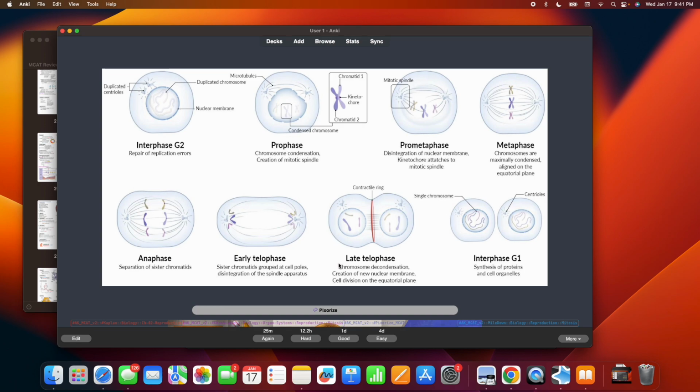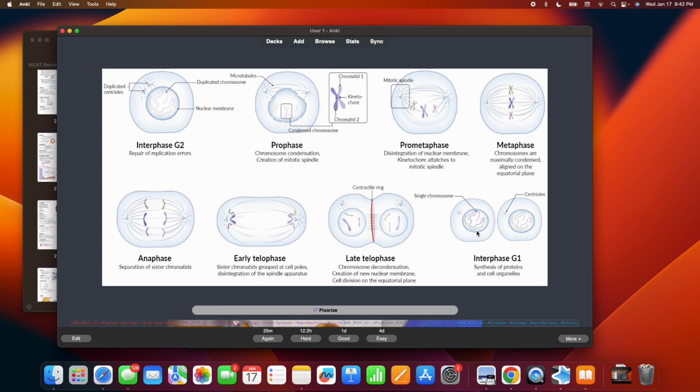The difference between early telophase and anaphase is that in early telophase, the chromatids are at the poles already, but in anaphase, they're just separating. And in late telophase, the chromosomes are decondensed. You have the creation of the nuclear membrane and cell division on the equatorial plane.